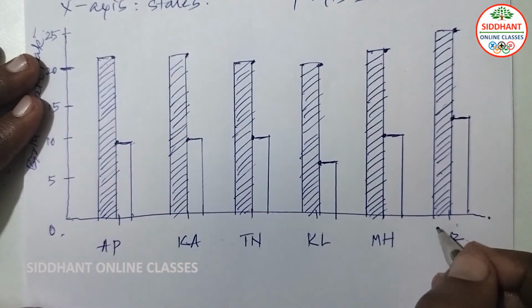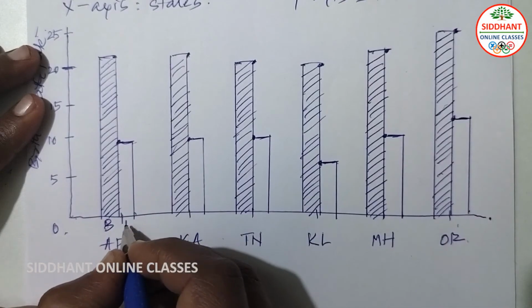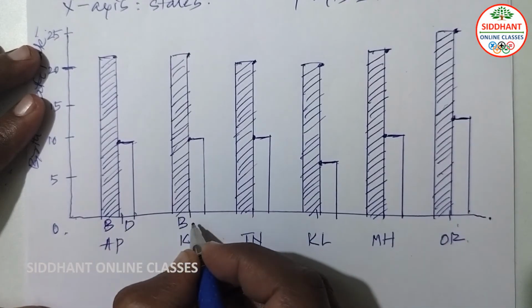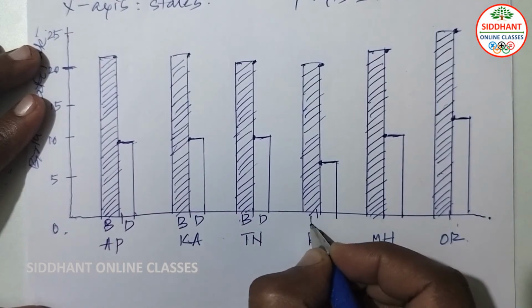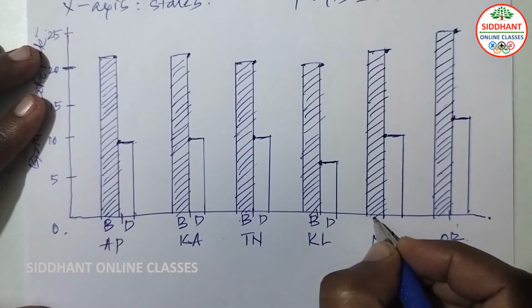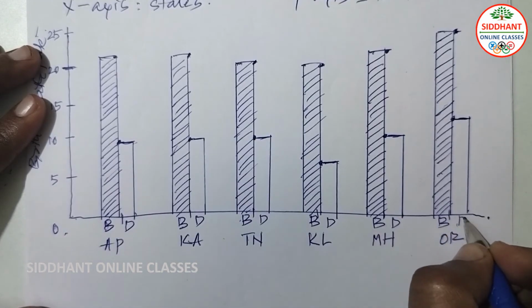So these are the birth and death rates. So you can write here B, here D, here B, here D. If you want to differentiate B and D, here B, here D.